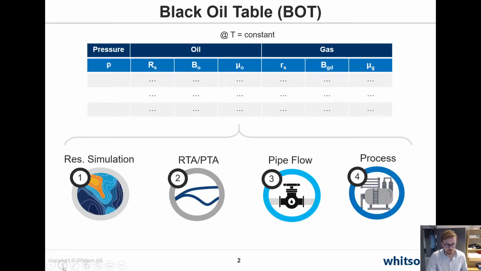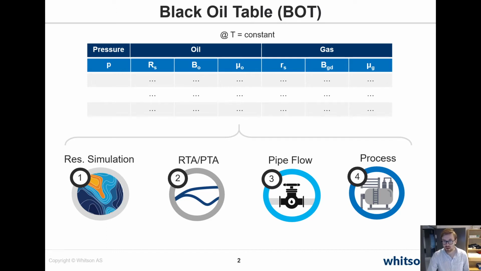Last week, we looked at this generic overview right here, where we looked at the 7 columns that make up a black oil PVT table: the pressures, and then for each of the components, the surface oil component and the surface gas component, we had 3 different properties assigned to each of those at each pressure. And yet again, the assumption was that when we generate this table, we are doing that for a constant temperature.